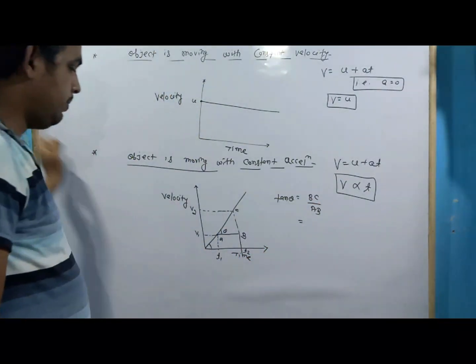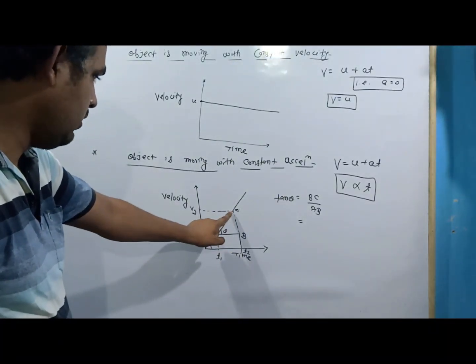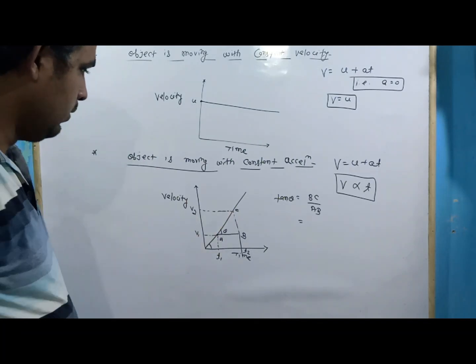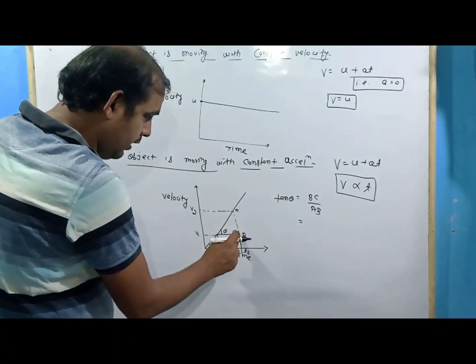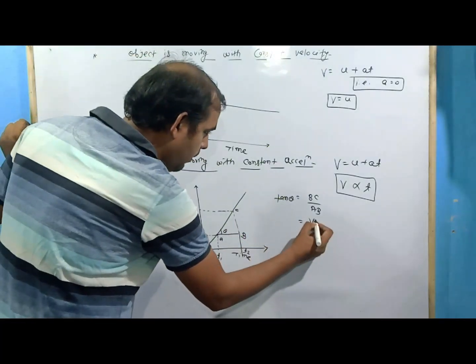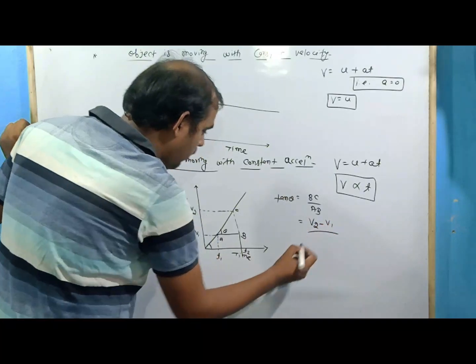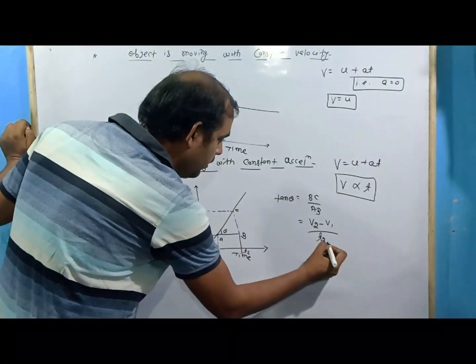BC can be written as V2 minus V1, जैसे इस पोजीशन ये V2 है, और AB क्या लिखूंगा तो T2 minus T1.